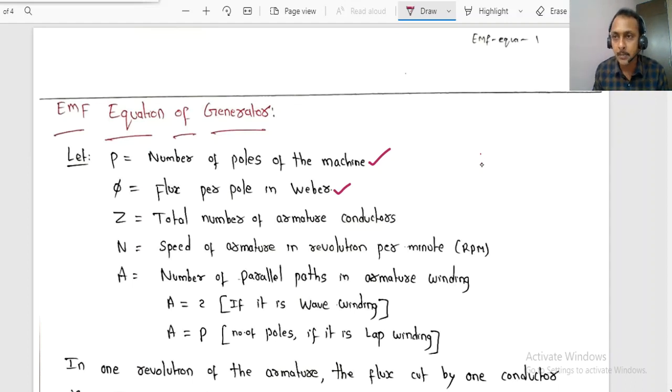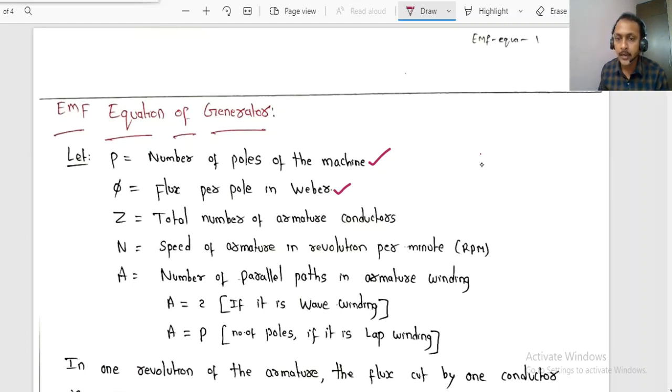And one more important point, A, which indicates the number of parallel paths in the armature winding. As we have discussed previously, the armature consists of slots. In those slots, this armature winding will be running. Depending upon the type of the winding, whether it is wave winding or lap winding, the number of parallel paths will depend. If it is wave winding, the number of parallel paths will be equal to 2.